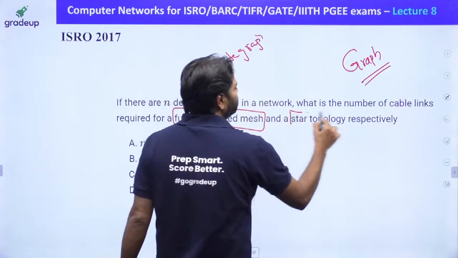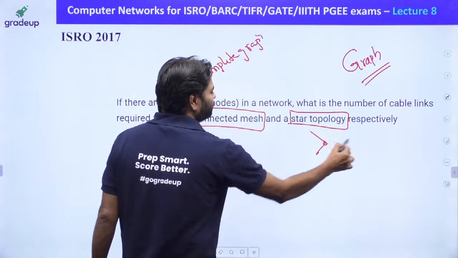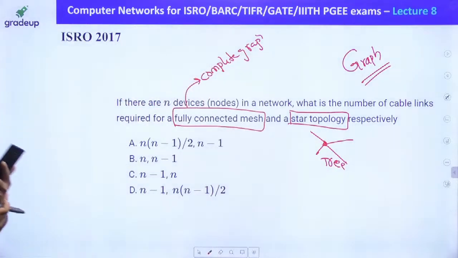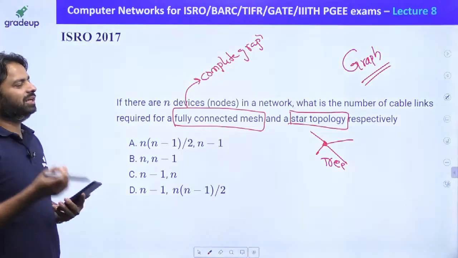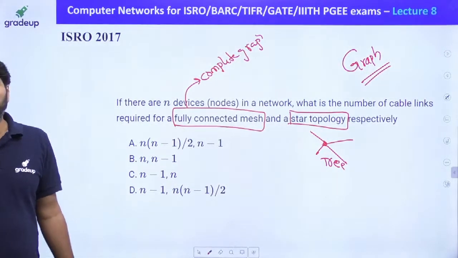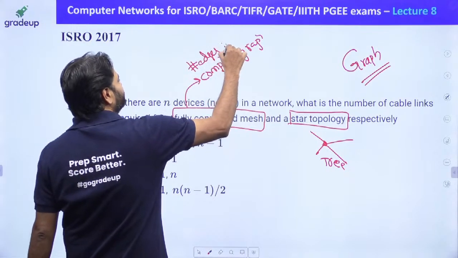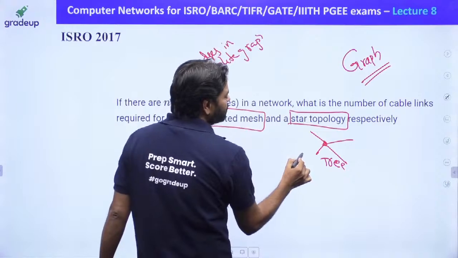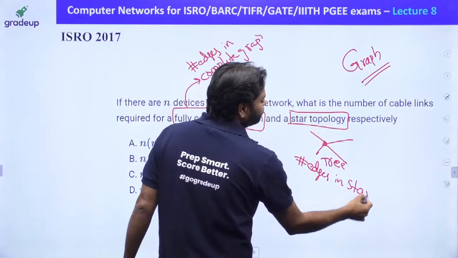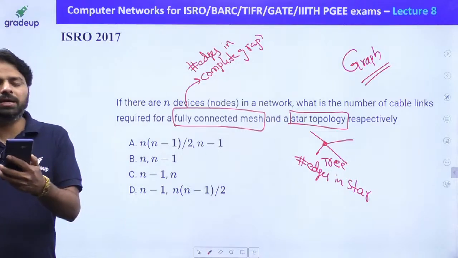And star topology, it's just like a tree. Of course, you know that. You need to find out how many edges are there in the star and how many edges are there in the complete graph. Just like the number of edges in a complete graph and the number of edges in a star. Star is also a tree. If you know the graph theory concept, discrete mathematics will become so easy.